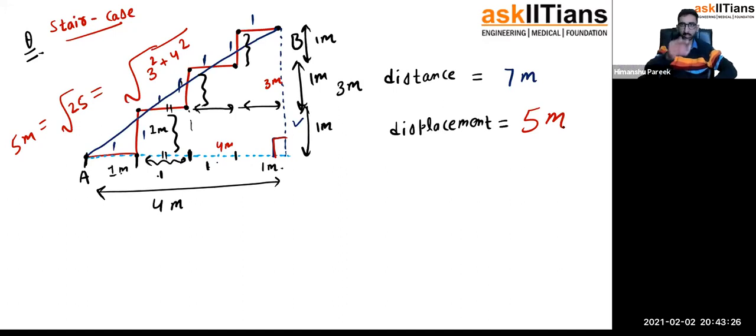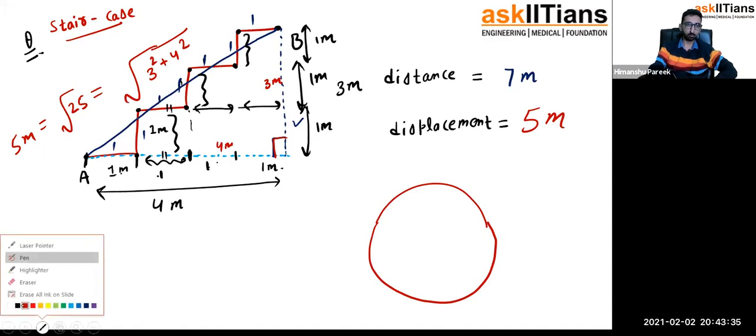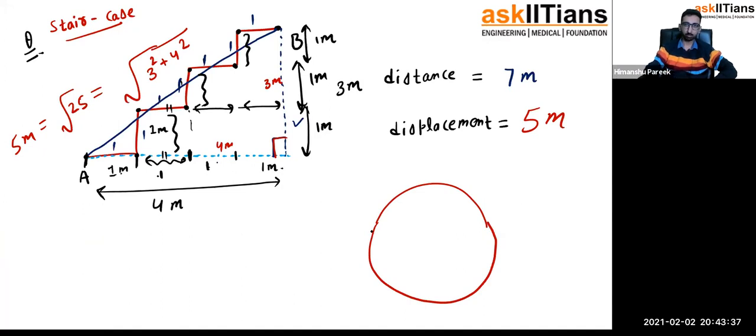You will see questions in your study material or in your textbook that there is a circular track. A cyclist starts from a point, let's say it is the center, and reaches the diametrically opposite point.